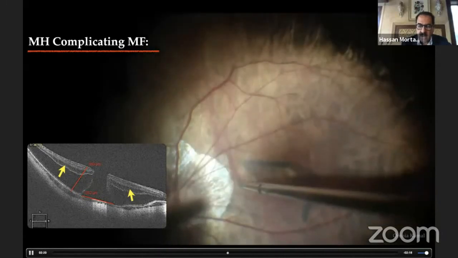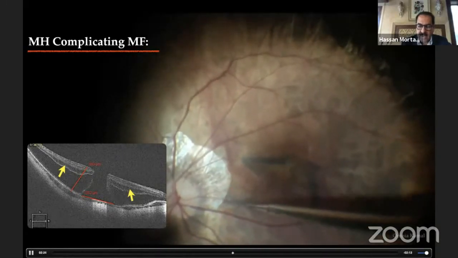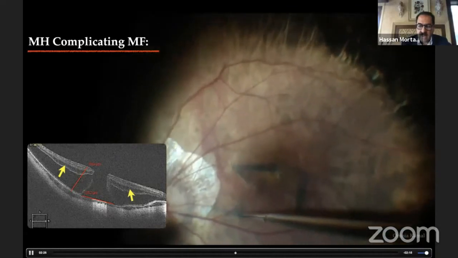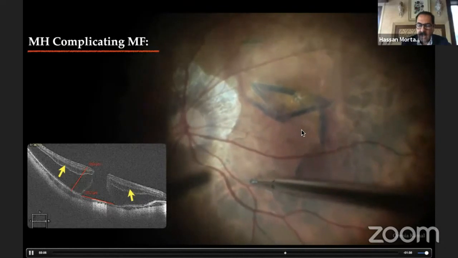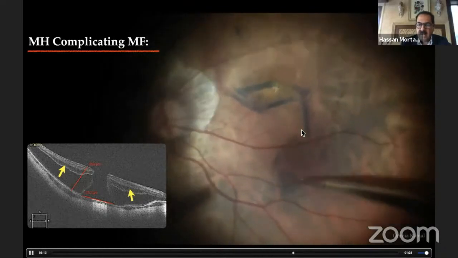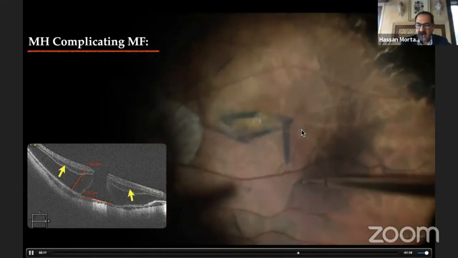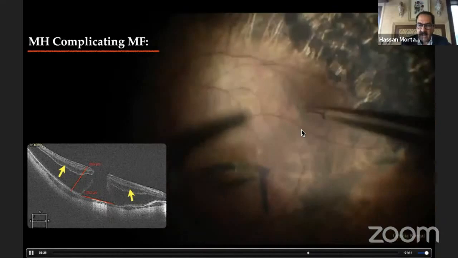The flaps stop, as I said, 500 micron from the edge of the macular hole, and then the ILM is peeled more peripherally in order to mobilize the underlying retina.